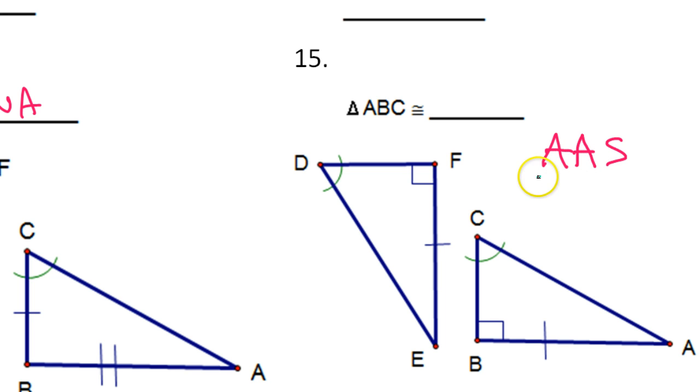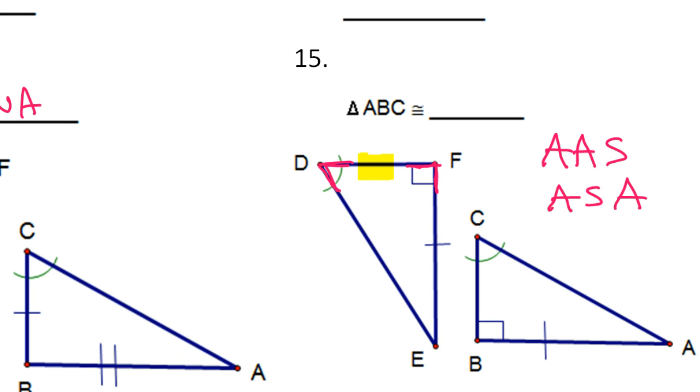So we have to decide, is it going to be angle, angle, side, or could it be angle, side, angle? Well, if it's going to be angle, side, angle, we need two angles and the included side, meaning the side between the angles. So let's see if we have that. Here we have this angle, and then we have this angle. Now the included side would be this right here, but that's not what's marked.